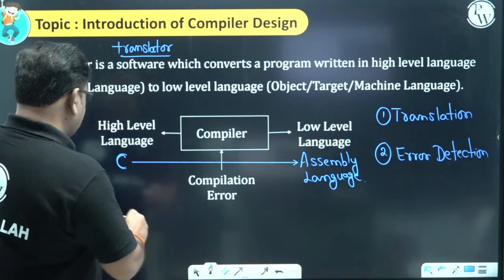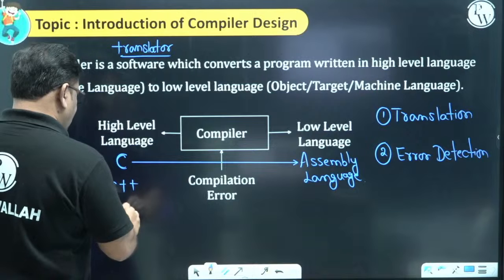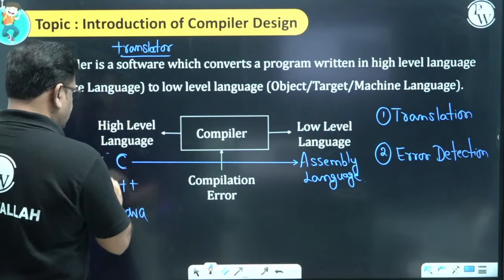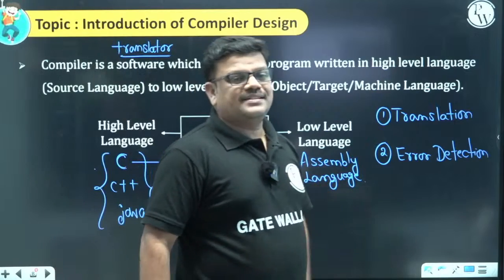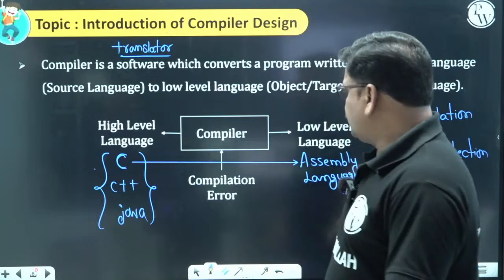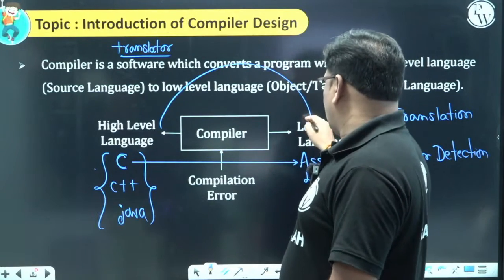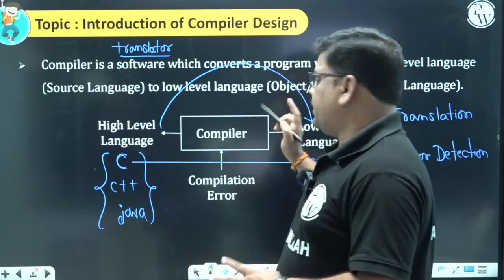C, C++, Java, all these languages are called high level languages. The compiler translates these high level languages into low level language like assembly language, byte codes. So translating high level language into low level language is done by a software, and the name of that software is called a compiler.